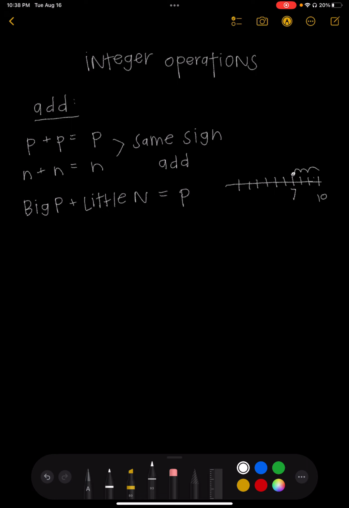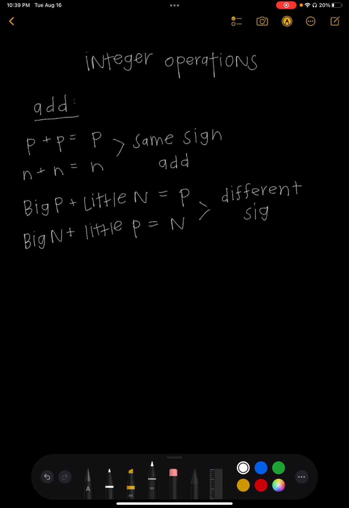So then what if I have a big negative plus a little positive? It's the opposite. So my answer will end up being negative. The way that I like to think about these two is, I'm just going to erase this number line so I have some space, that if they have different signs, we subtract.